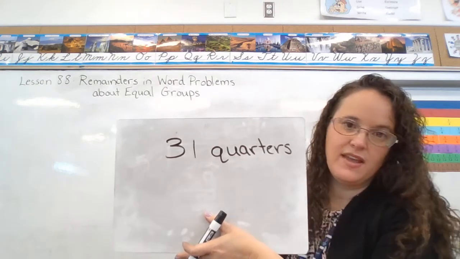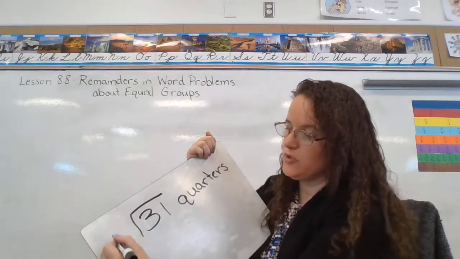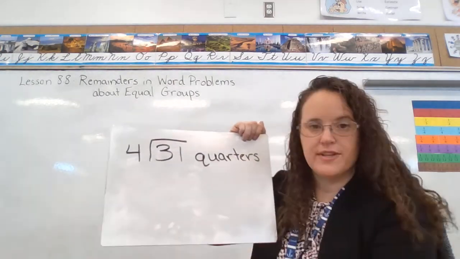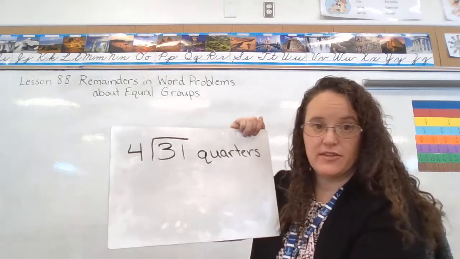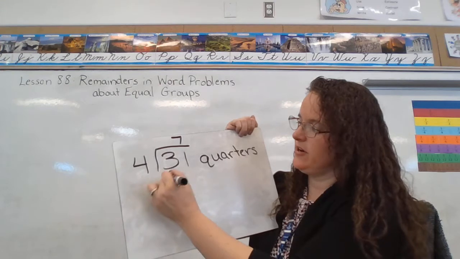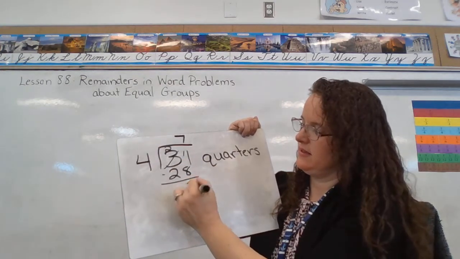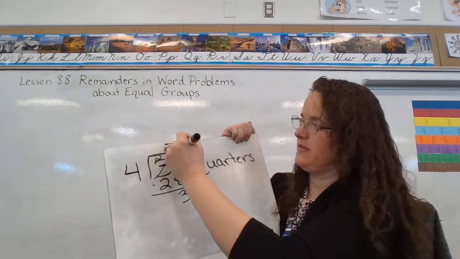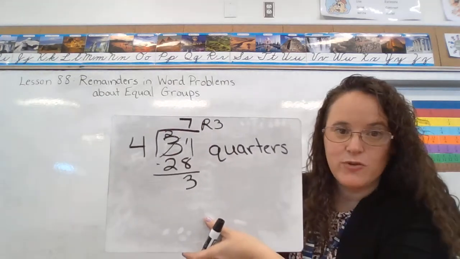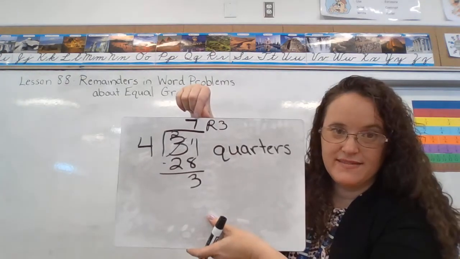So he took his 31 quarters, he divided them into groups of 4 because he's stacking up 4 quarters. Does 4 go into 3? No. Does it go into 31? Yes. 7 times 4 is 28. We'll subtract, and we have a remainder. Question C says, how many stacks of 4 quarters did he make? That is your 7.